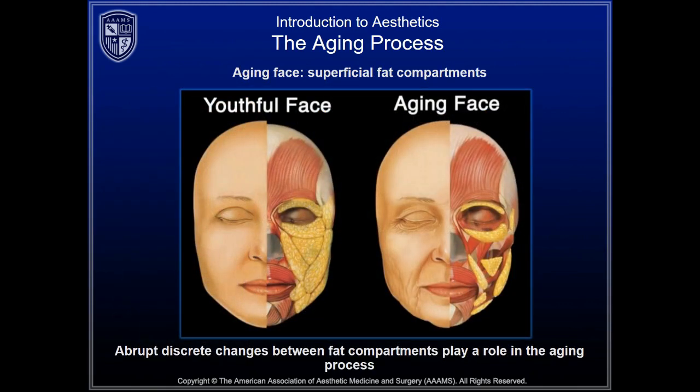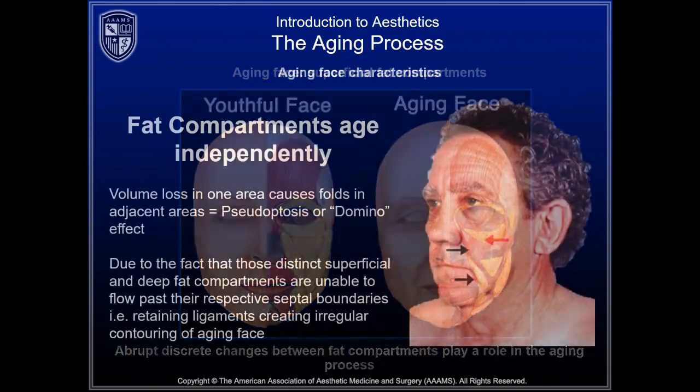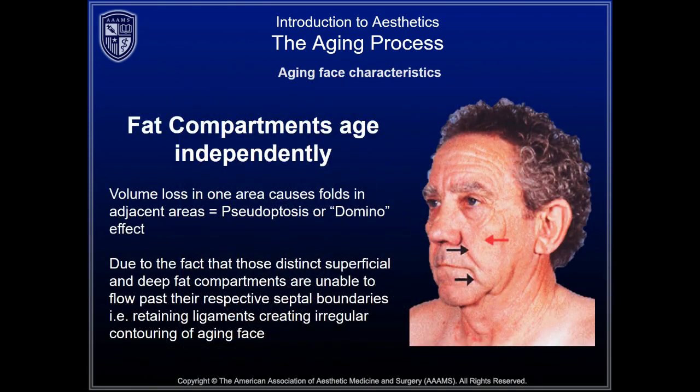Looking at the aging face, we could see abrupt discrete changes between fat compartments, which play a role in the aging process and the contour irregularities. Please note that fat compartments age independently.